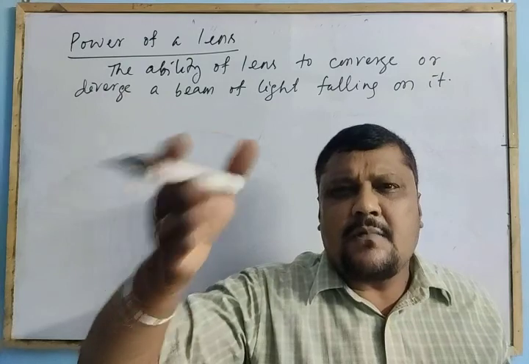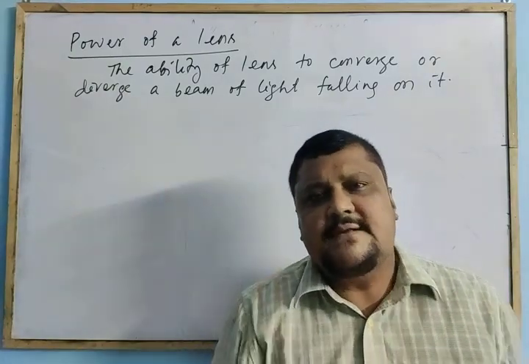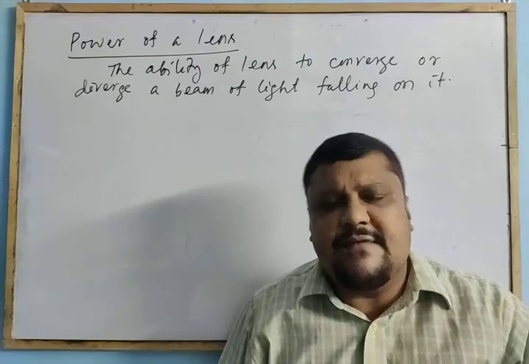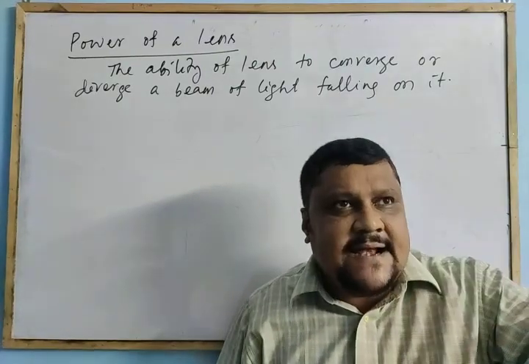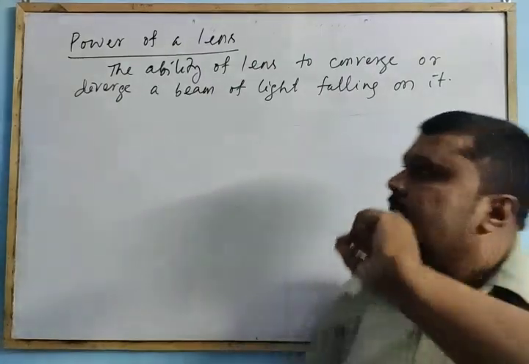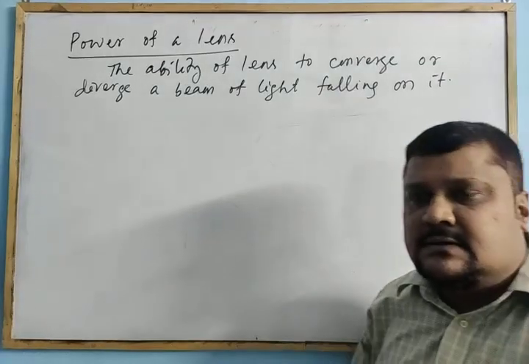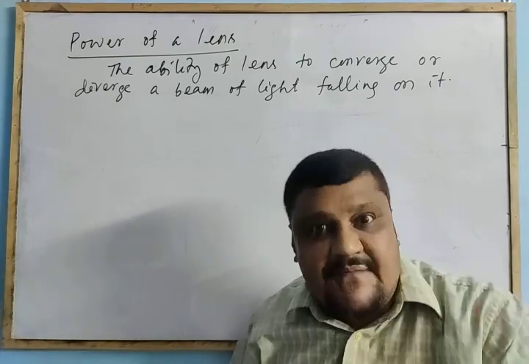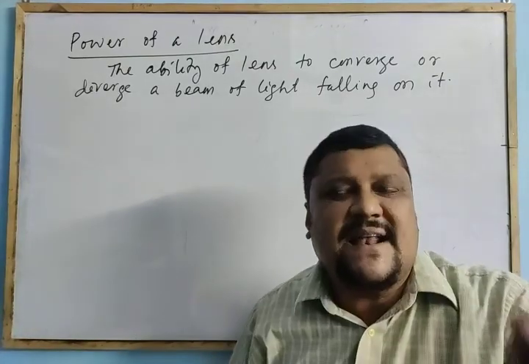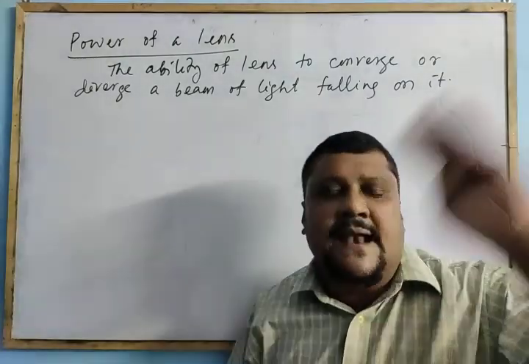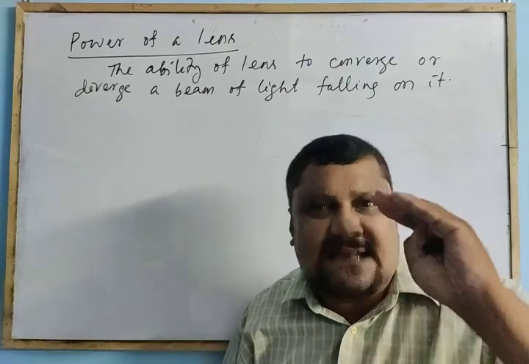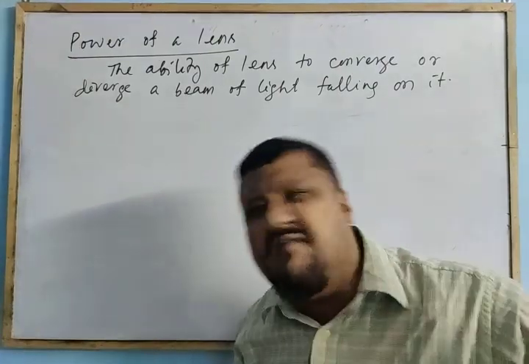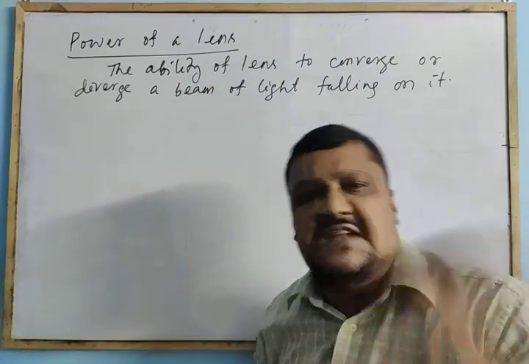Suppose so many rays are incident on a lens, maybe a double convex lens or a double concave lens. How much the lens converges or diverges, the strength of the lens, is how much it can deviate the ray from its original path.